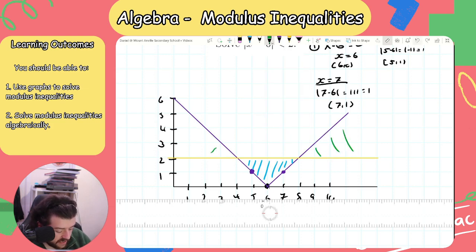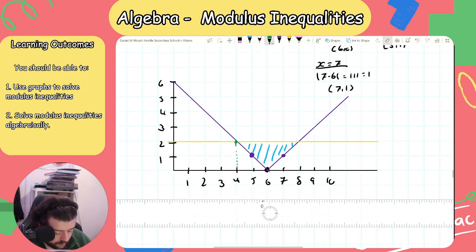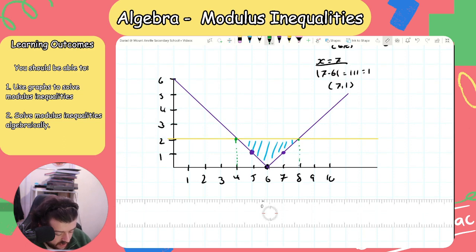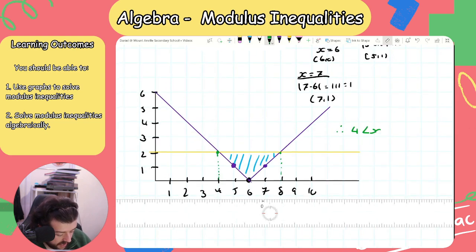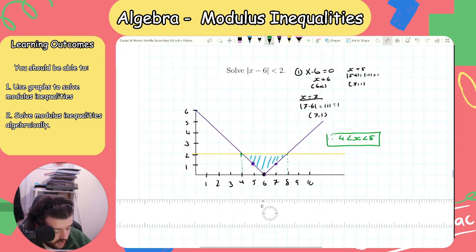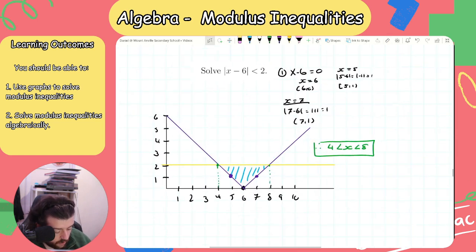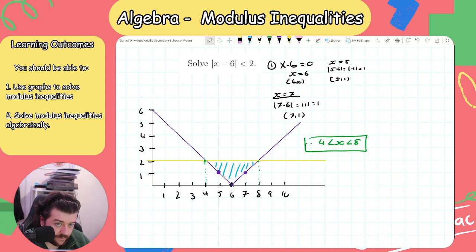I'm looking for less than 2, so I'm looking for this blue region here. Reading my points down, x is going to be between 4 and 8. So my inequality is 4 is less than x, which is less than 8. That is when my modulus is less than 2.